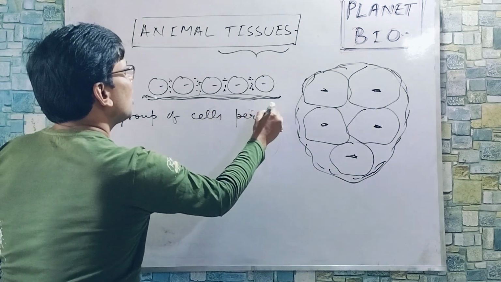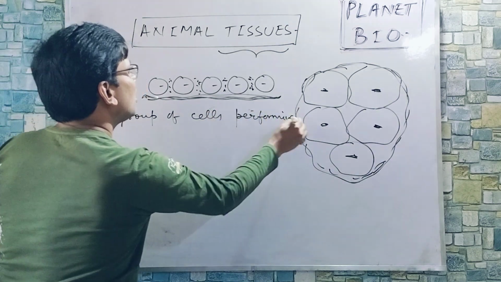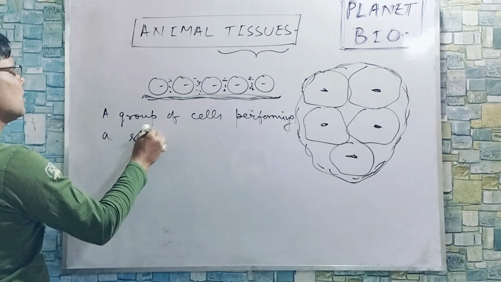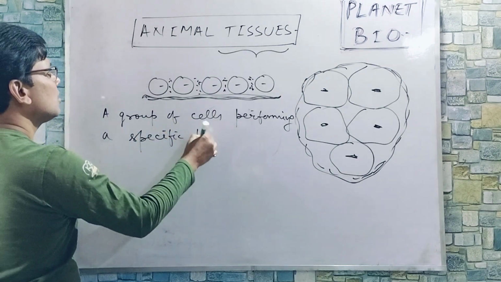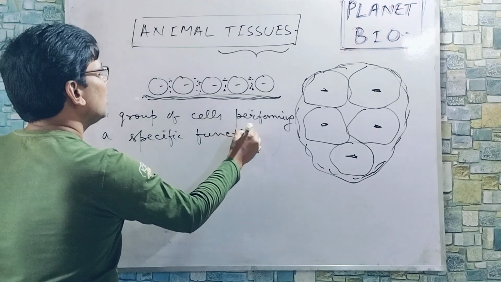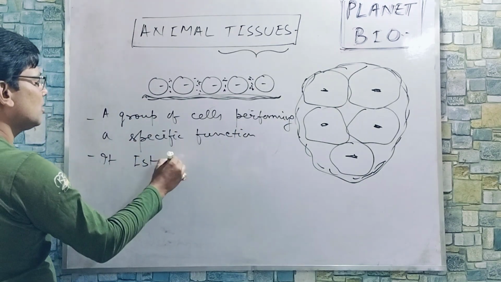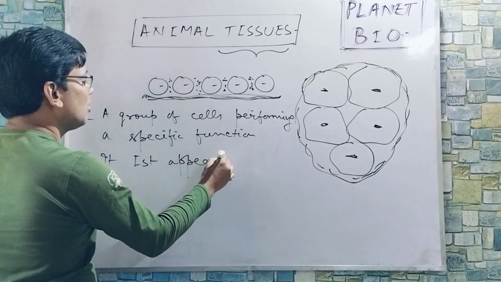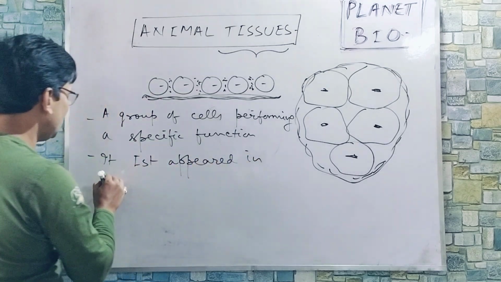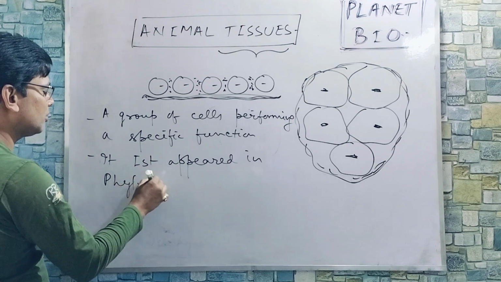So we can write, this is the definition: a group of cells performing a specific function, and it first appeared in phylum Cnidaria or Coelenterata.